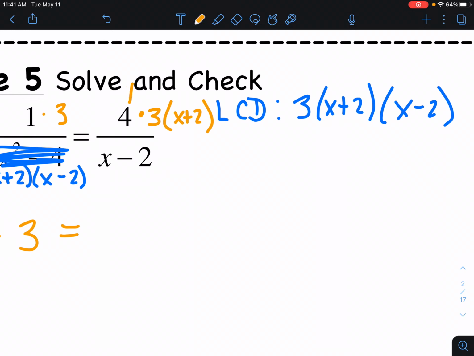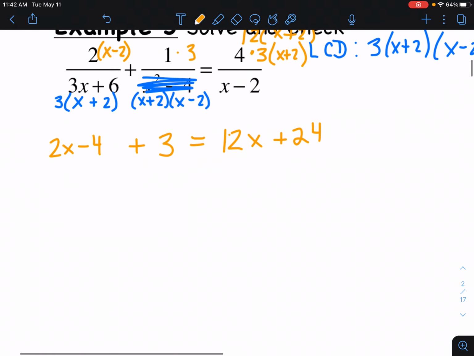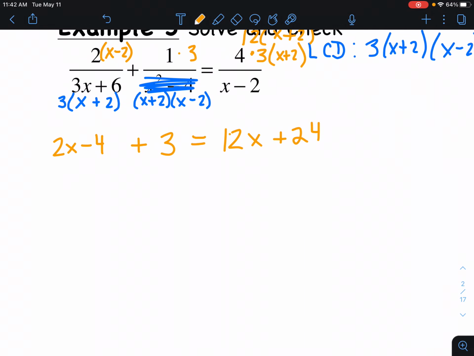So we're going to do 4 times 3 is 12. Then we're going to distribute 12 with x plus 2. So 12 times x, and then 12 times 2. So now we have a very simple equation that we can solve for x. On the left, minus 4 plus 3 is minus 1. Now we have variables on both sides.